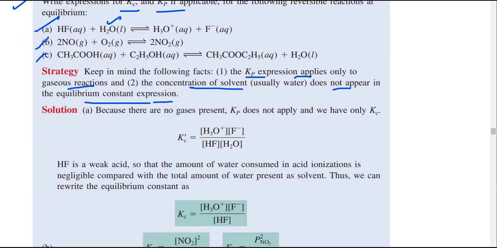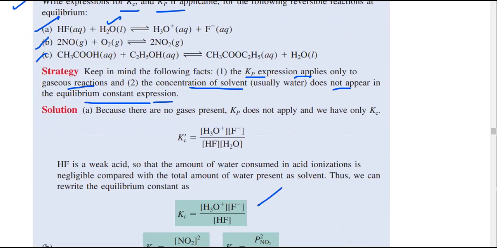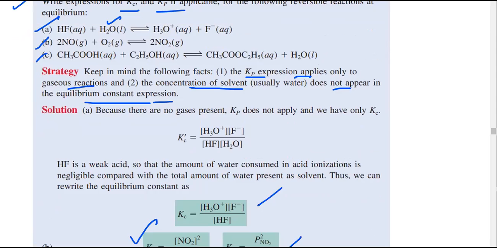So in the first case, the equilibrium expression is the H3O plus concentration times the concentration of F minus divided by the HF concentration. For the second equation, NO2 is the product and its coefficient is 2. So NO2 to the power 2 divided by NO to the power 2 times O2 is Kc. The same thing applies to gaseous products.